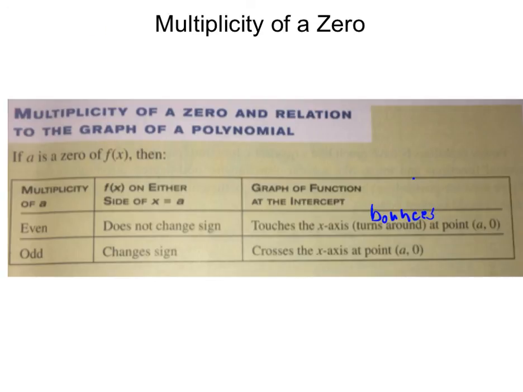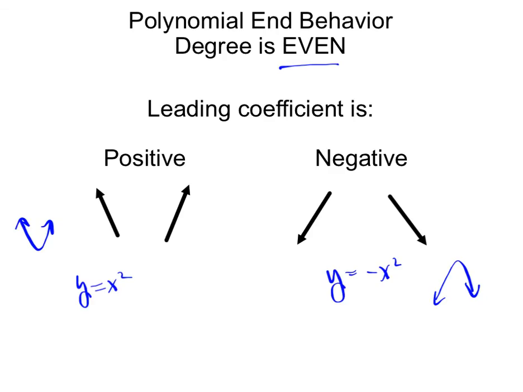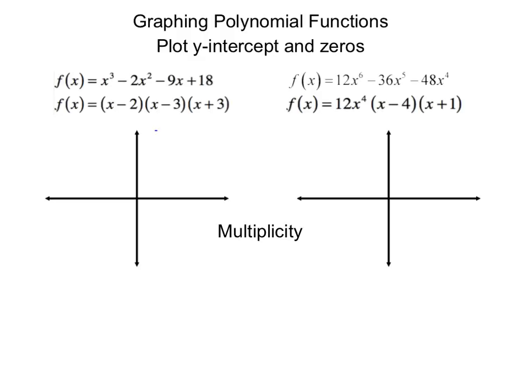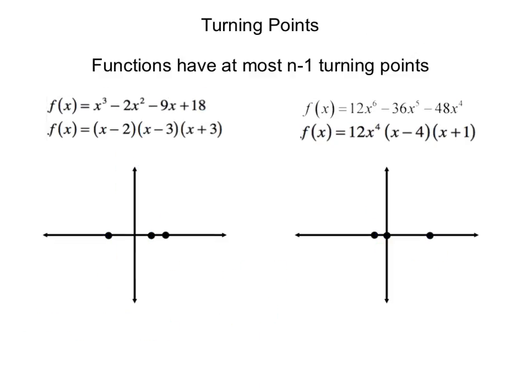If we have an odd multiplicity, it cuts through. We talked about end behavior, so that's helpful when we're graphing. And we talked about actually physically graphing these graphs. So you're going to plot your x-intercepts, your y-intercepts, think about the multiplicity and how your graph has to go, and then you will find some extra points in between each 0 to make it more accurate.